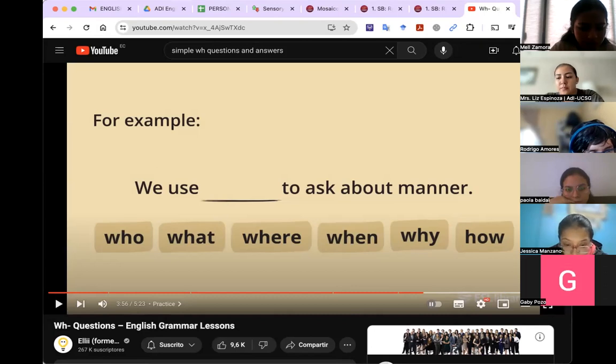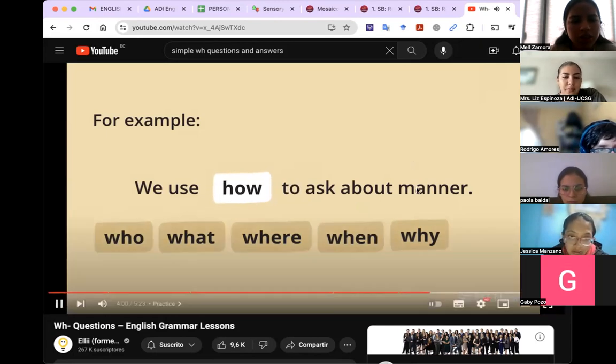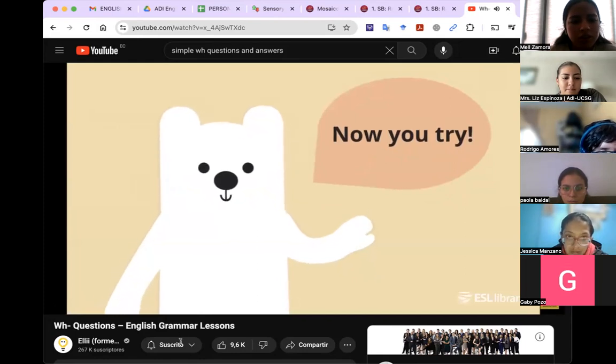I even sent you the screenshot in WhatsApp so you can check. How? Okay, let's see. We use how to ask about manner. Now you try.